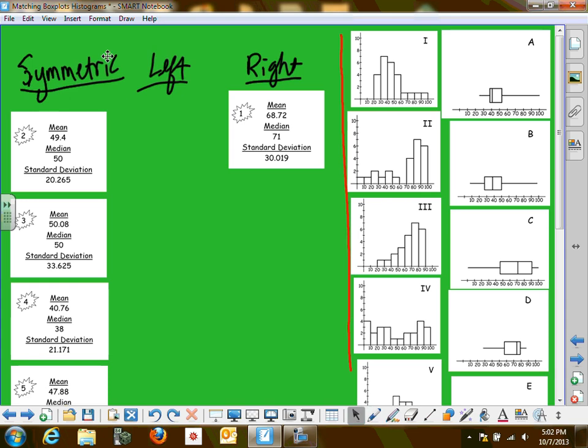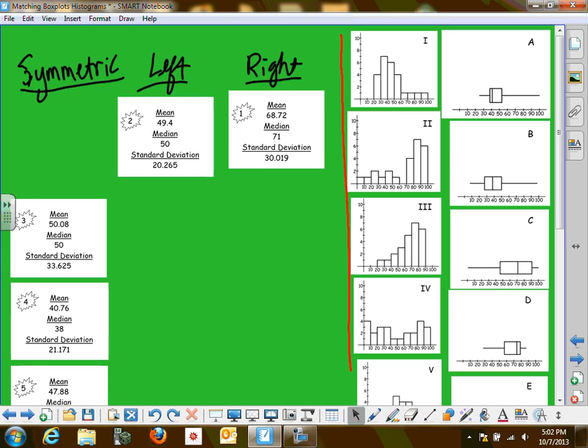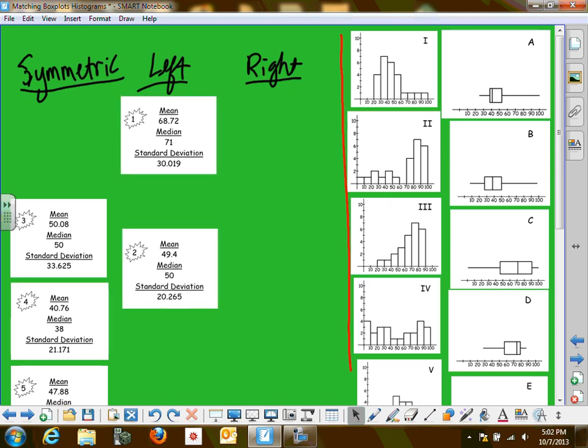With this second problem, I see that it's 49.4 and 50. I'm going to put that here, but that is really pretty close together, so I'm not sure if that's going to end up being very skewed or mostly symmetric.